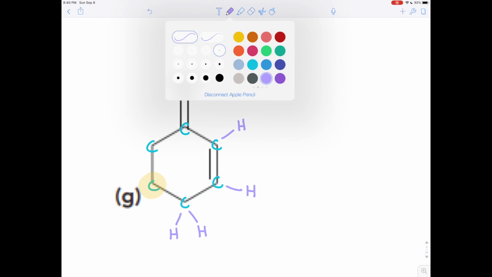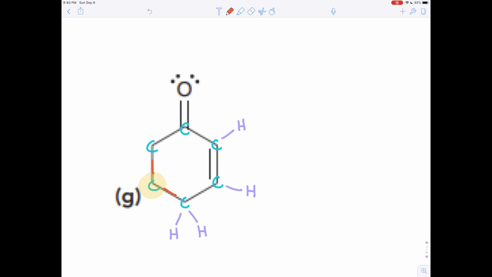This carbon here has 1, 2 bonds drawn around it. To get a total of 4, it would need 2 more bonds that are implied, and those bonds that aren't drawn are always to hydrogens. So that carbon would be bonded to 2 hydrogens.